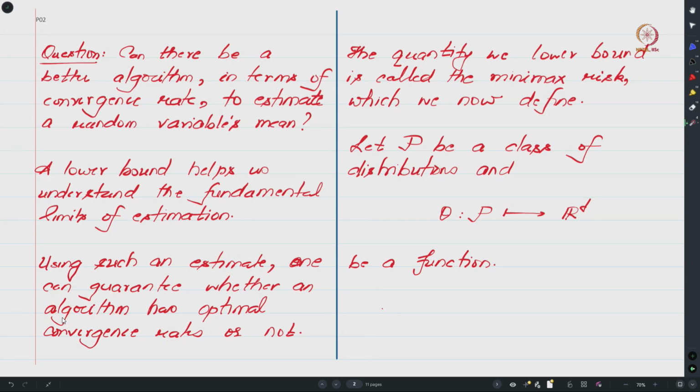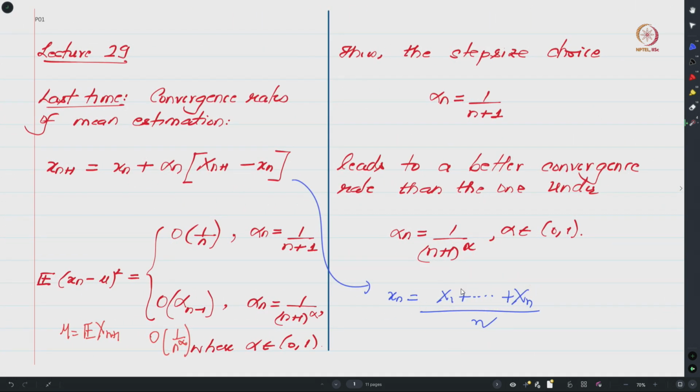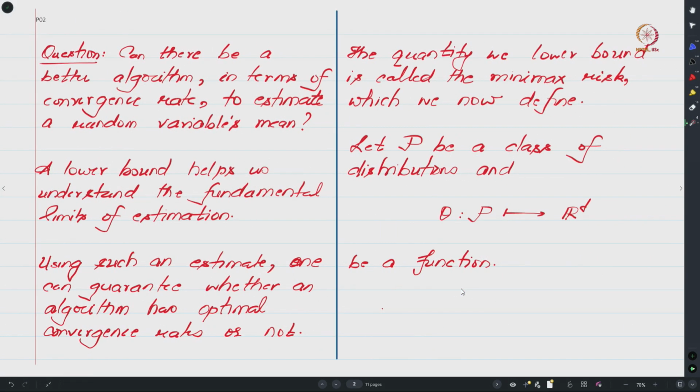In particular, in the context of estimating a random variable's mean, we would like to know whether the simple average, which is basically taking the sum of all random variables and dividing by n, which refers to the number of samples, is going to achieve the best possible convergence rate or not, right.